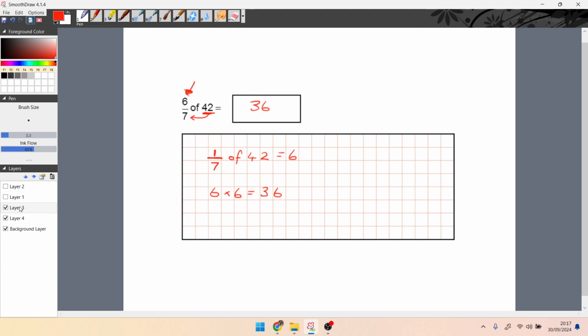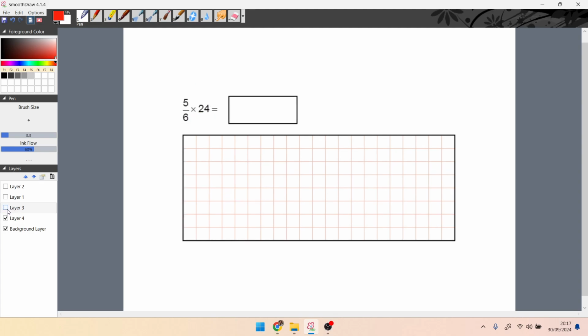So let's just test this idea here. Let's just go on to one last example. And here we go. When you see something like this, where there's a times symbol, all that means is 5/6 of 24. So please don't worry when you see times between them like that. It just means of.